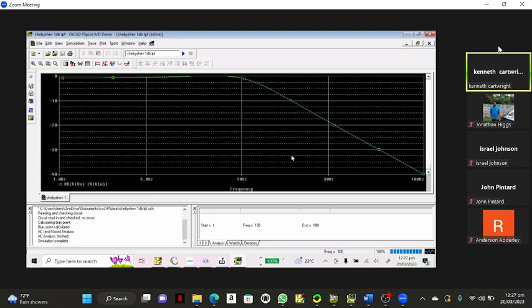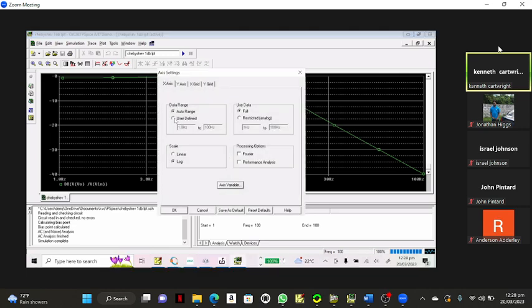So what I'm going to do now is go between 1 and 15, so I can see the pass band.